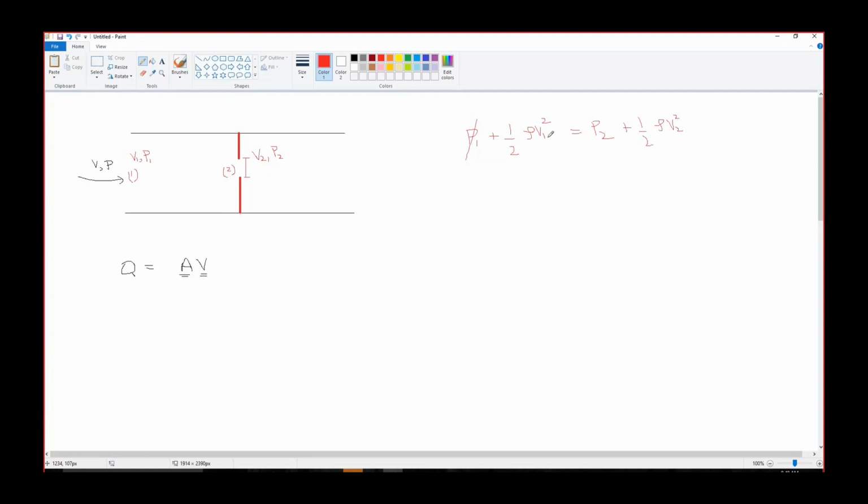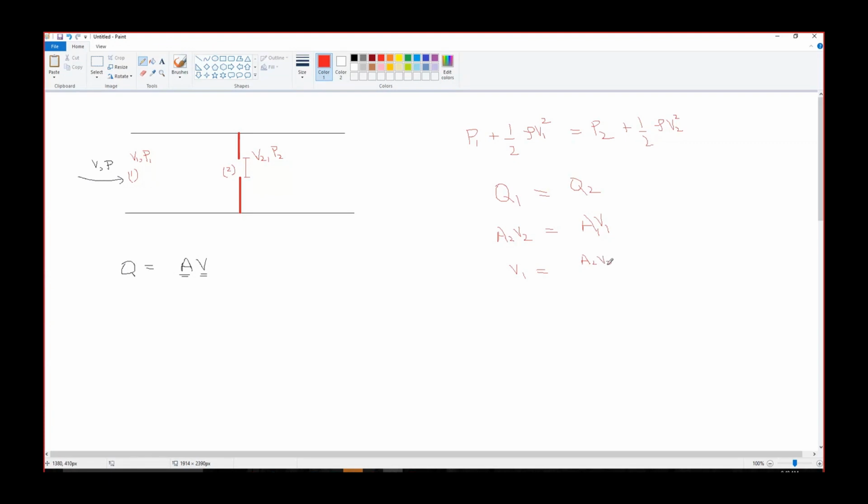And I will also know that Q1 would be equal to Q2, or A2 v2 would be equal to A1 v1, or we can write that v1 equals A2 v2 by A1.